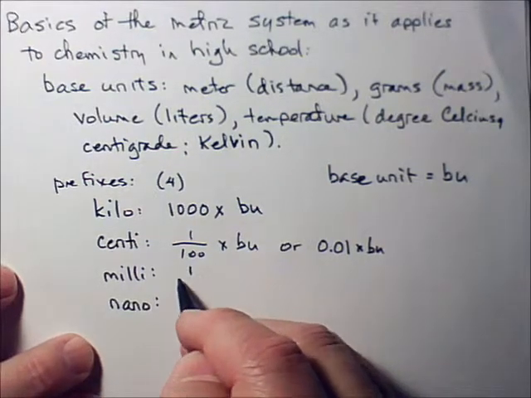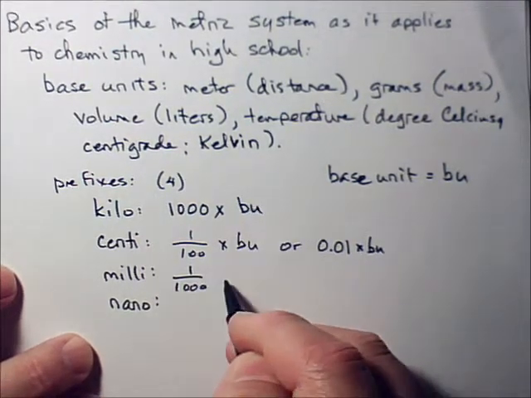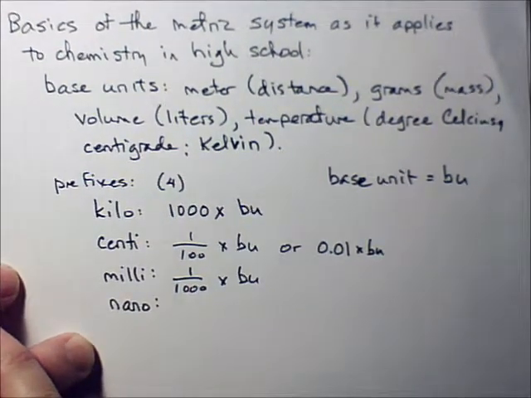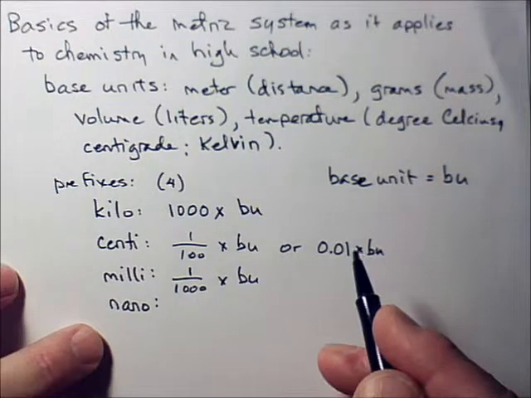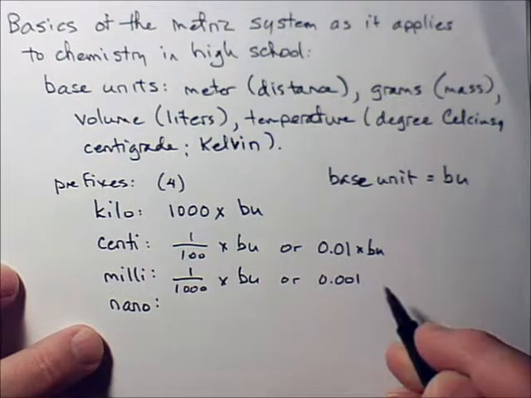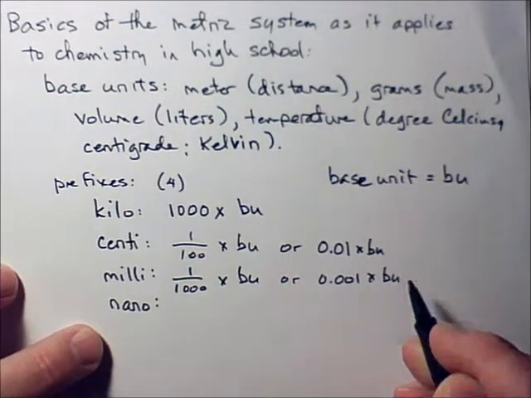Milli is 1,000th times the base unit, or 0.001 times the base unit.